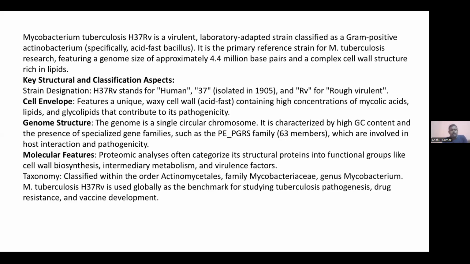Molecular features: proteomic analysis often categorizes its structural proteins into functional groups like cell wall, biosynthesis, intermediary metabolism, and virulence factors. Taxonomy: classified within the order Actinomycetales, family Mycobacteriaceae, genus Mycobacterium. Mycobacterium tuberculosis H37Rv is used globally as the benchmark for studying tuberculosis pathogenesis, drug resistance, and vaccine development.